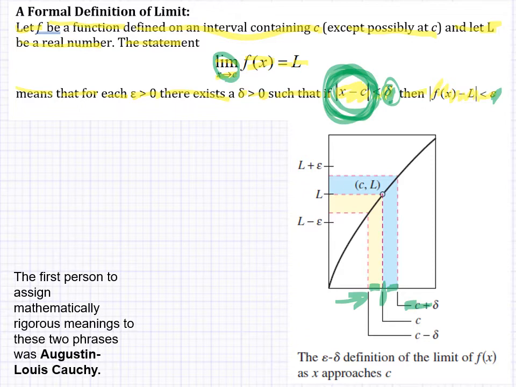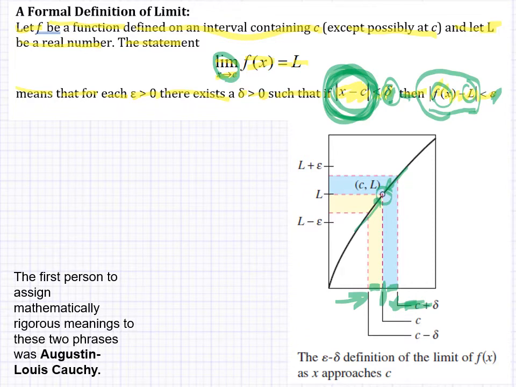Once you have that, it's nothing different than what we've been talking about. You've got to get closer and closer to the c value from both sides. It says then the absolute value of f of x minus L is less than epsilon. Well, this is talking about the distance between f of x and L, the y values and the limiting value. So the idea is when we get closer and closer to this y value, they have to get close to the same y value from both sides.